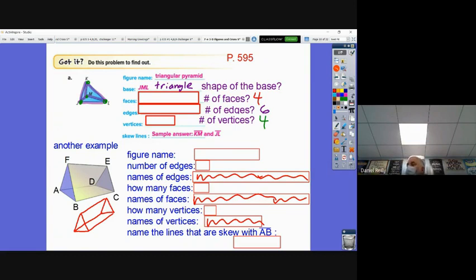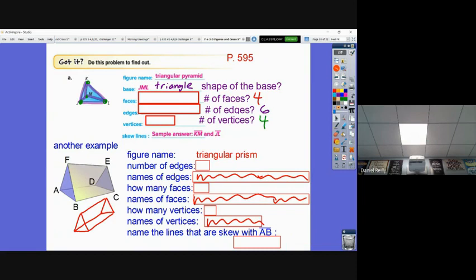The bases are the two sides that are separated by all the rectangles, okay? In anything other than a rectangular prism, where any of the sides could be the base because they're all rectangles, the shapes that are not rectangles are the bases. So what kind of prism is this, Matthew? A triangular prism.